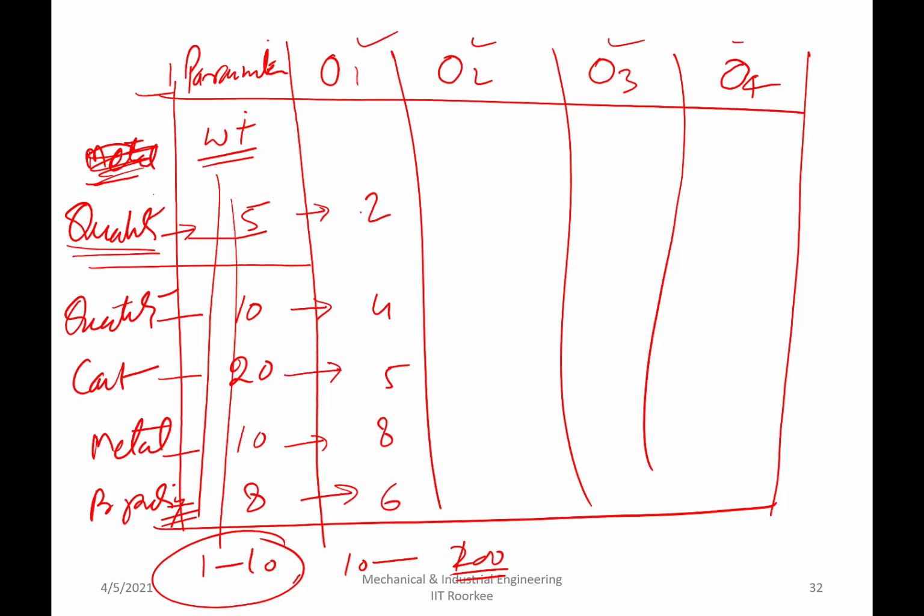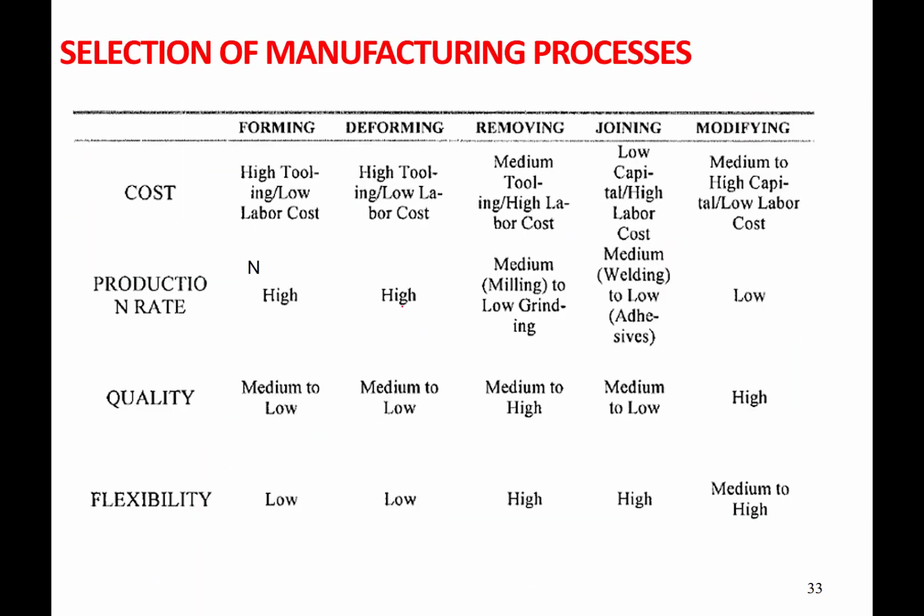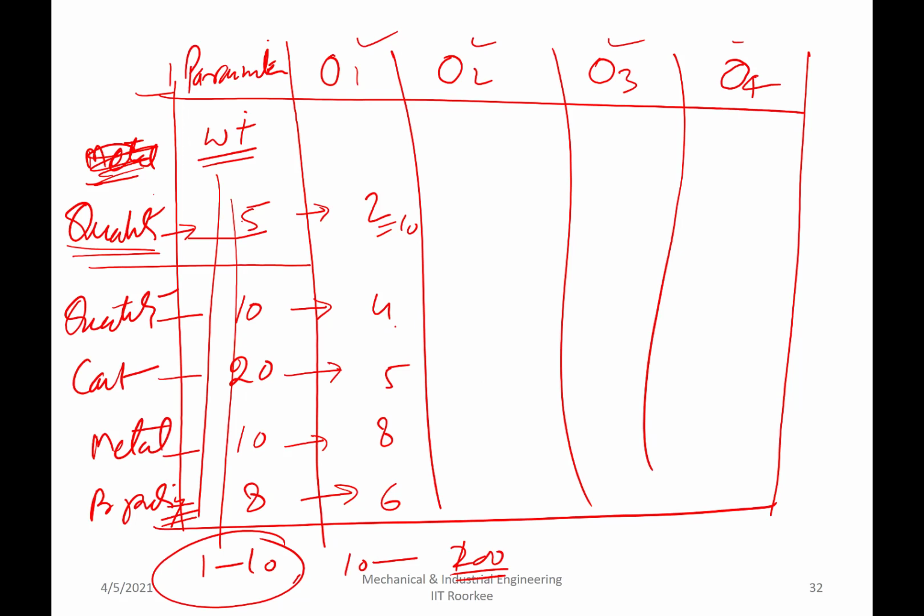So you now multiply: 5 into 2, 10. 10 into 4, 40. 20 into 5, 100, sorry. Now 10 into 8, 80. And 8 into 6, 48. Find the sum of all these. That will be the total weight for these parameters of option 1.